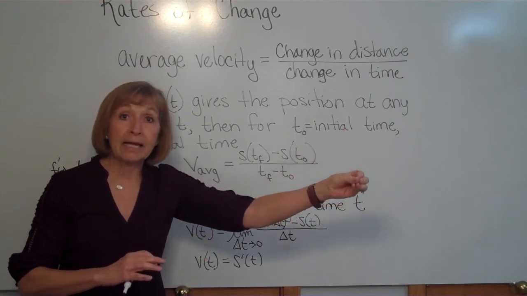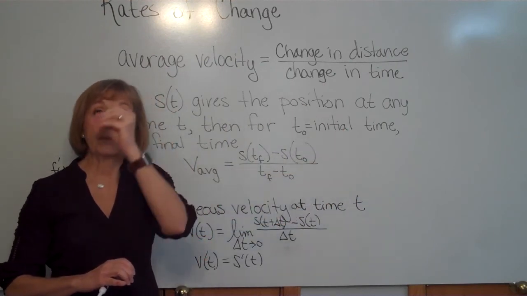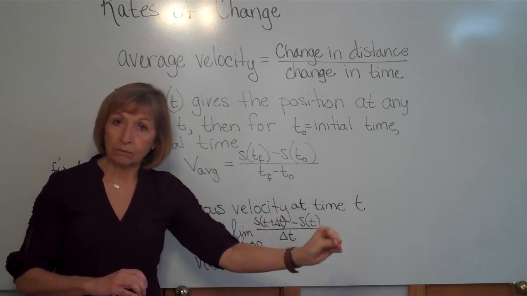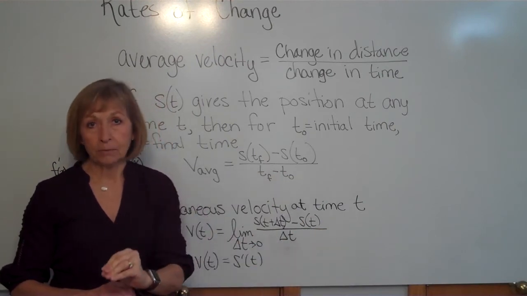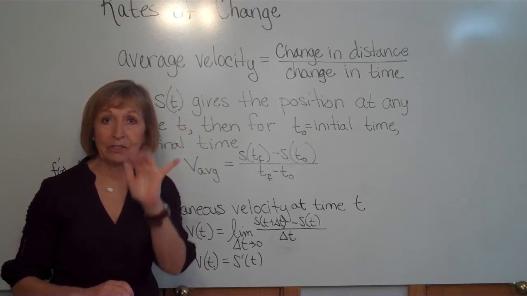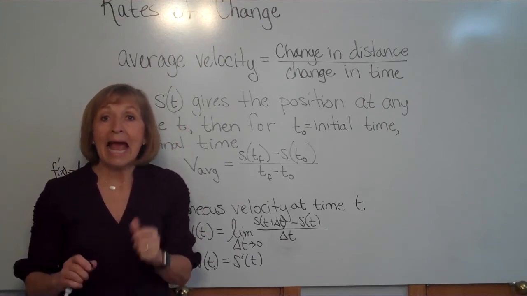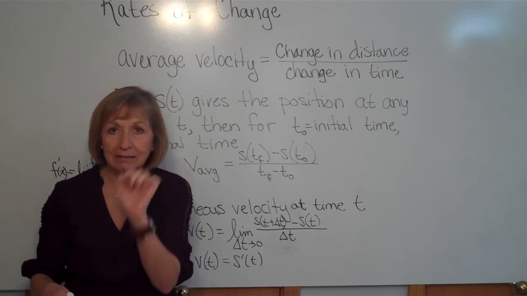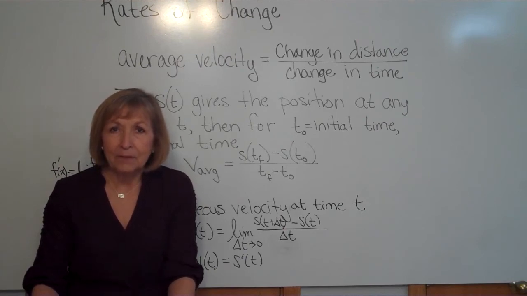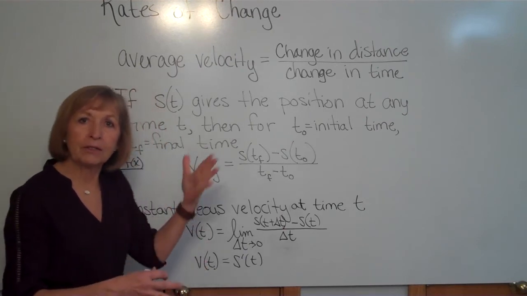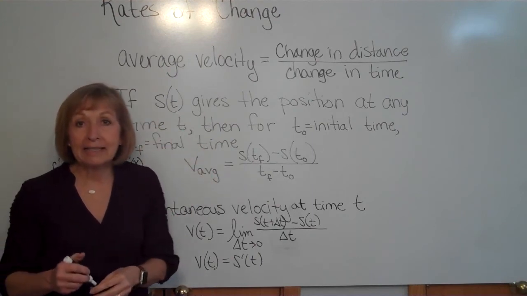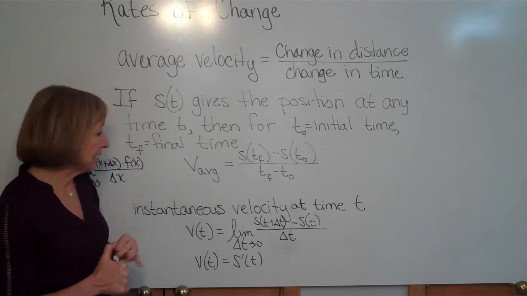The odometer at the end minus the odometer at the beginning is my change in distance, and my ending watch reading minus the original watch start time is my change in time. That would give me the average speed. But then, as I was going through that trip, if I just glanced at the speedometer right at that moment, that is my instantaneous speed. You want to think about that when you're looking at these, and then apply it specifically to velocity, which has sign, and how you can keep those straight.